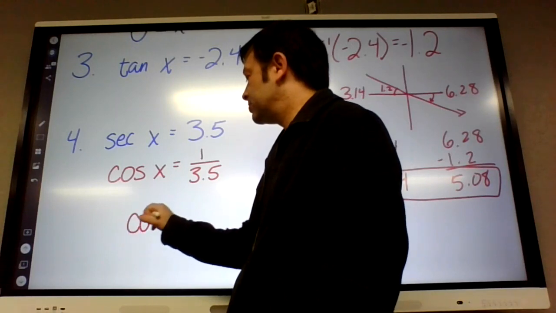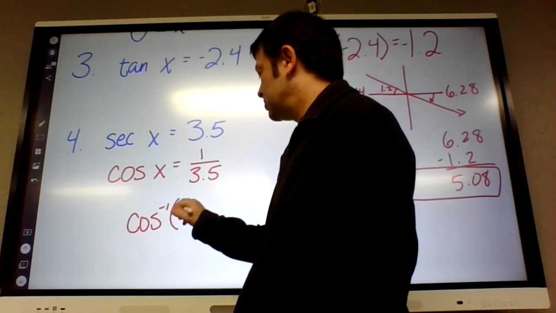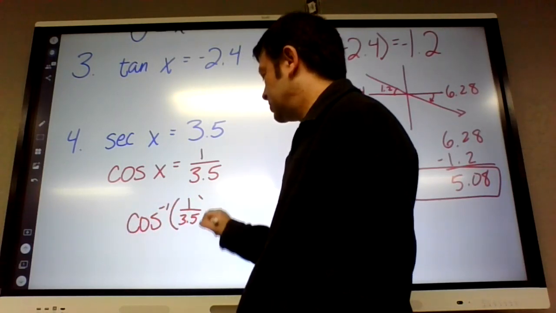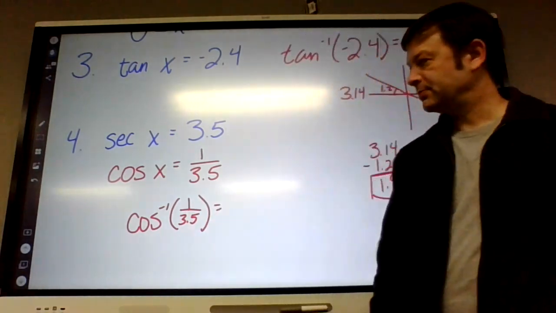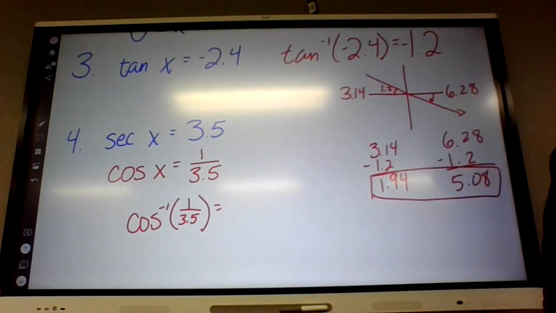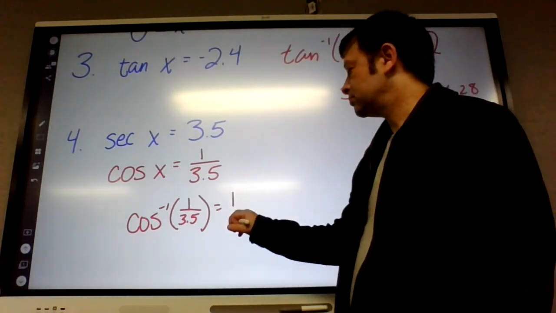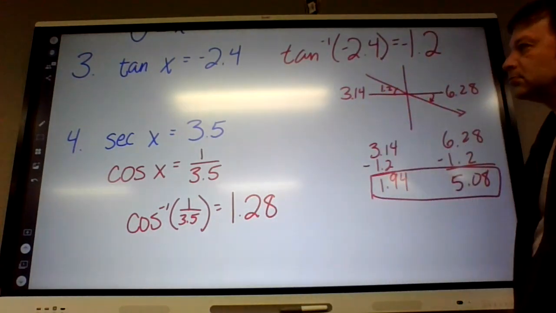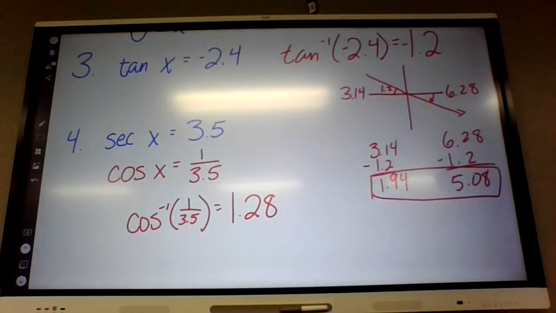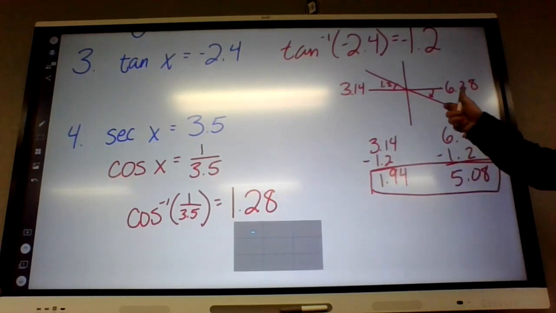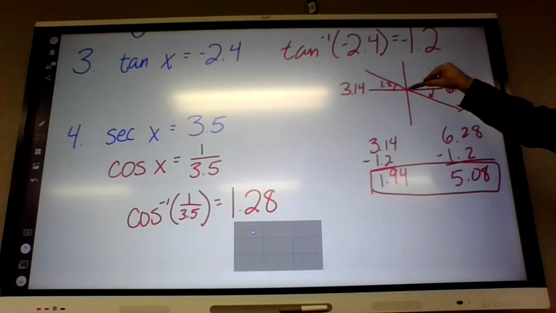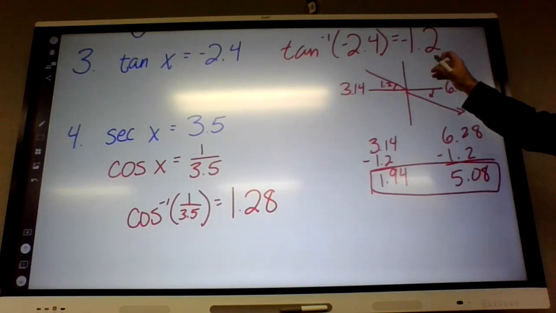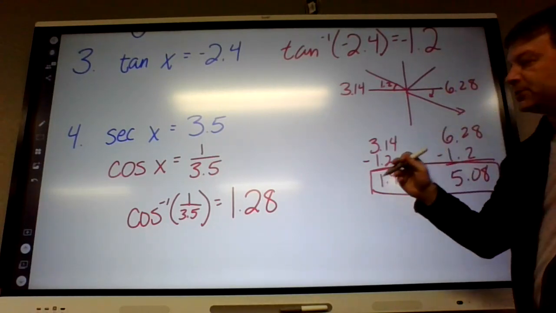Which means we have to do cosine inverse of 1 over 3.5. 1.28. Okay, in radians, that's the first quadrant, 1.28 would be up here somewhere. So that's one of the answers.